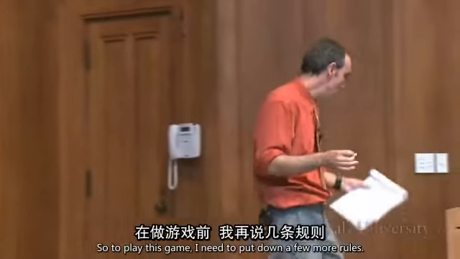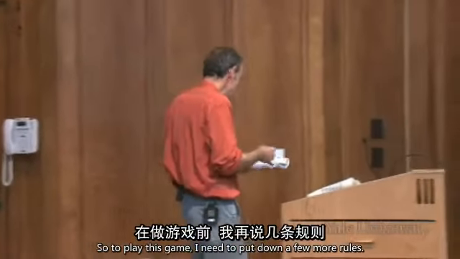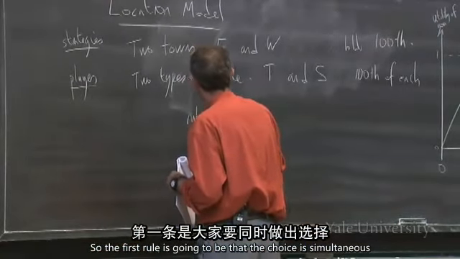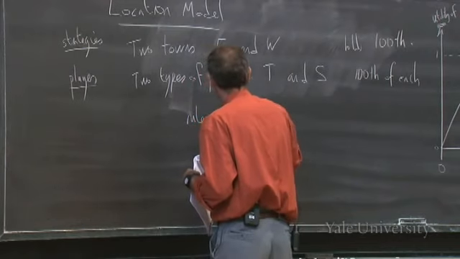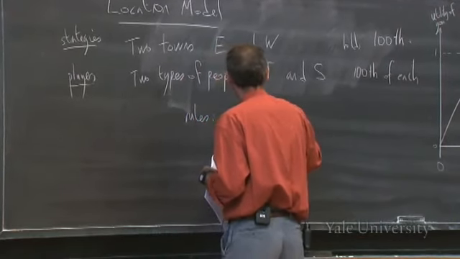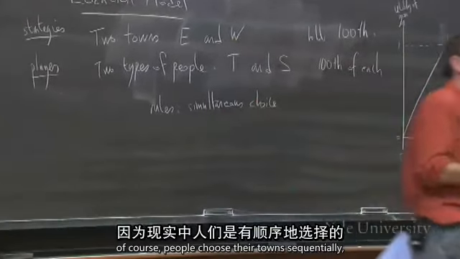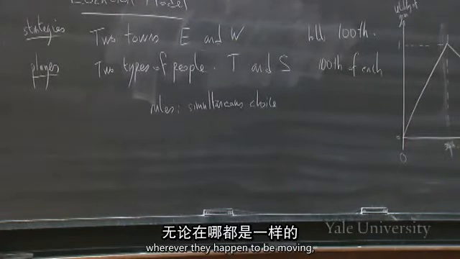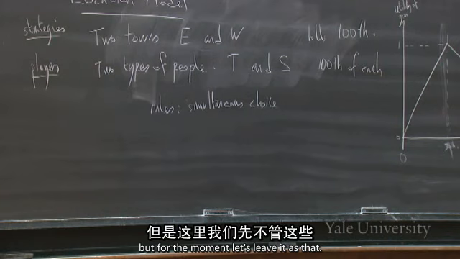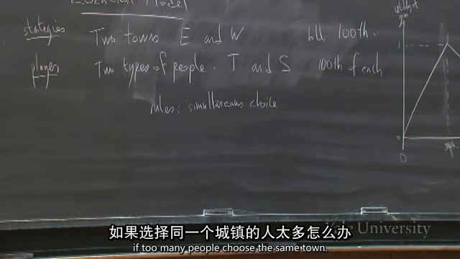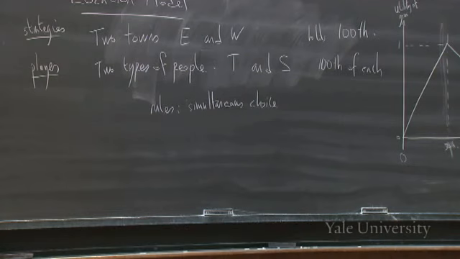All right, so to play this game, I need to put down a few more rules. The first rule is that the choice is simultaneous. That's a little unrealistic, because in practice, of course, people choose their towns sequentially whenever they happen to be moving. But for the moment, let's leave it at that. And second, I need to say what happens if too many people choose the same town.